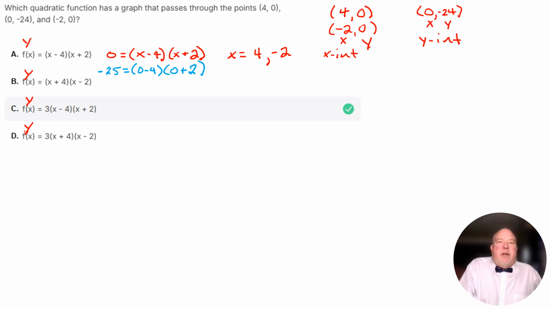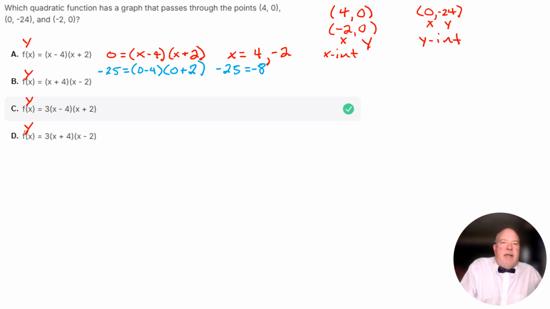So what you end up with is -24 equals -8, and that's not true. That doesn't work, so this one doesn't have a y-intercept of -24. So it's not A.